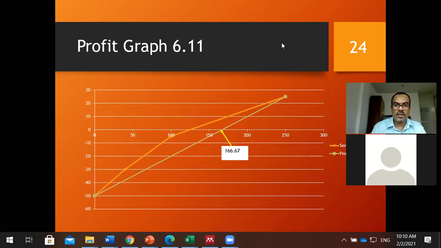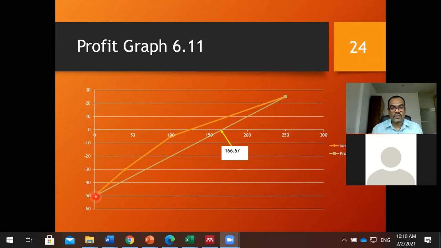Yeah, yellow line. I'm going to explain the yellow line to you. The yellow line explains how each item contributes to your revenue when we take the total sales value. For example, go to the start point. That means no item is produced.